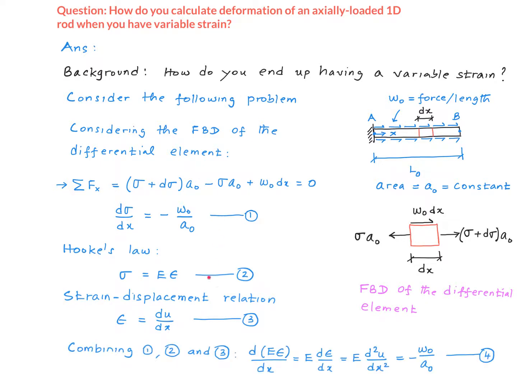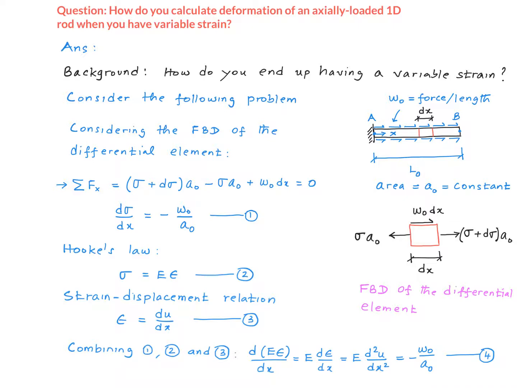Now I'm going to combine these three equations, starting with equation number 1. Since sigma is E multiplied by epsilon, the left side of equation number 1 becomes d times E times epsilon divided by dx. Since E is a constant, at least in this problem we are assuming that, you can pull it out of the differential sign.